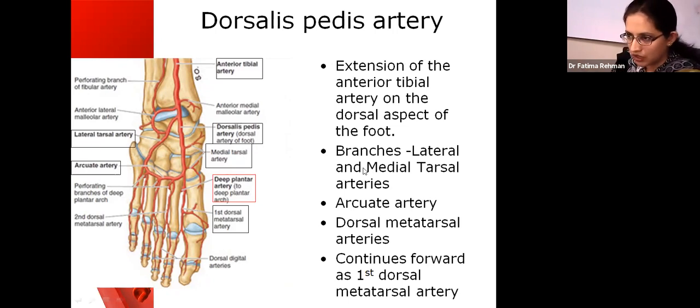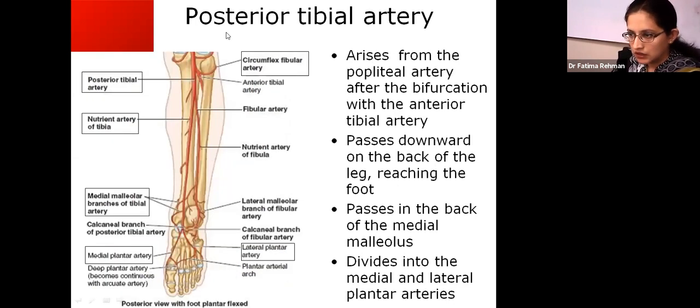Deep plantar artery is basically a branch given off by the medial and lateral plantar arteries, and that is called the deep plantar artery. It enters at the level of the intermetatarsal space.